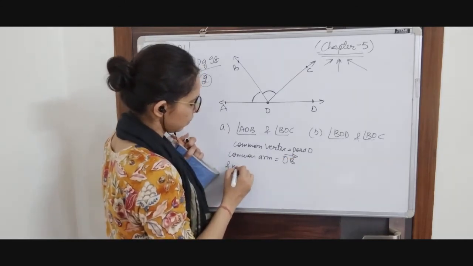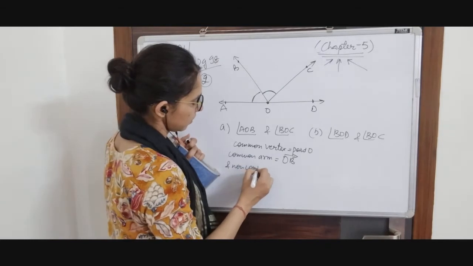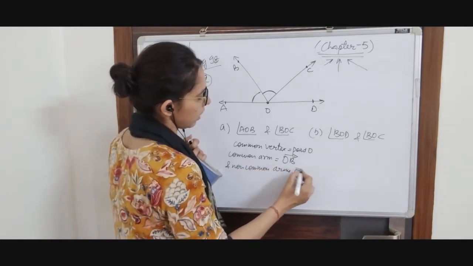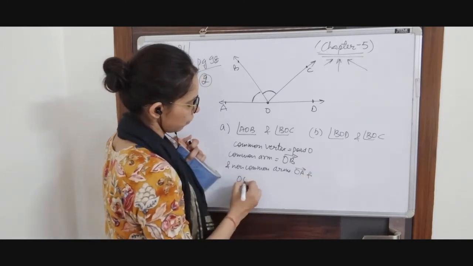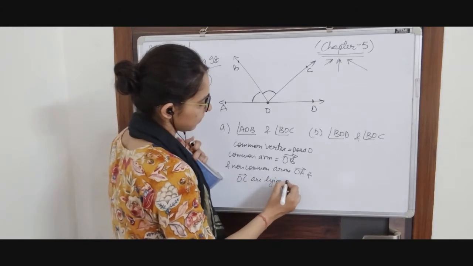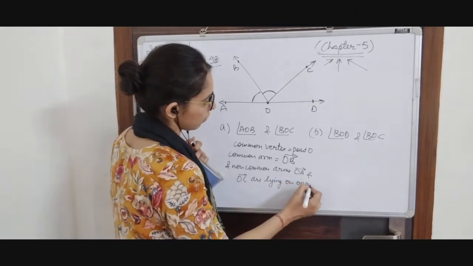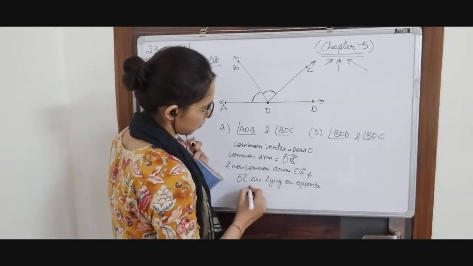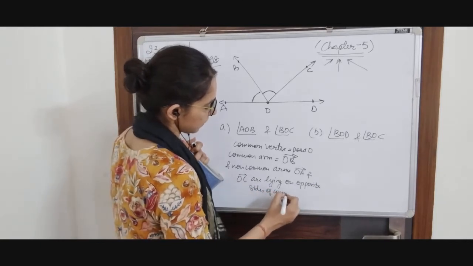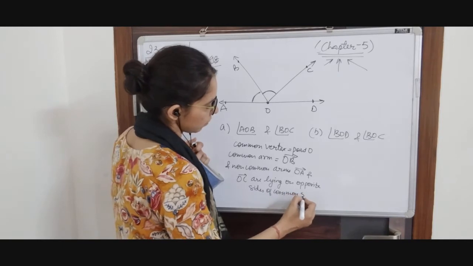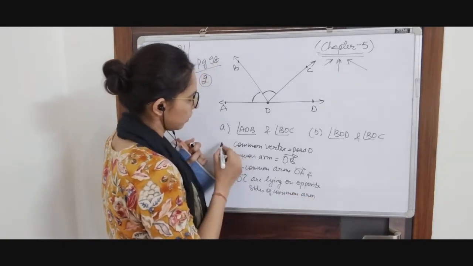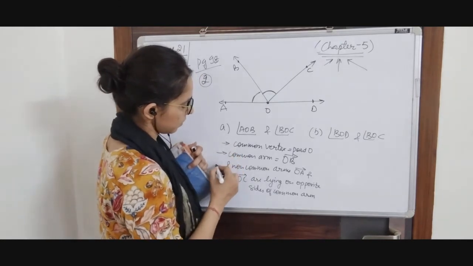And non-common arms OA and OC are lying on opposite sides of the common arm. So if you want to justify your answer, you have to write all the steps.